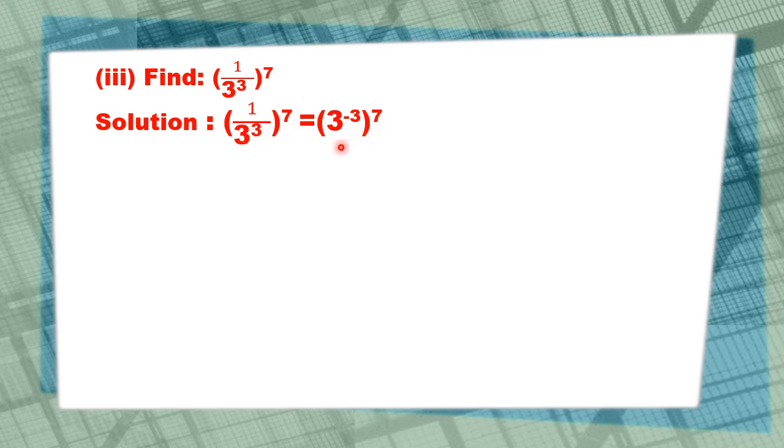Now, after we apply another law, we will disturb this 7 also. Which law will be applicable over here? The second law? Just guess. Yes, the law is (a^m) whole raised to n is equal to a raised to mn.